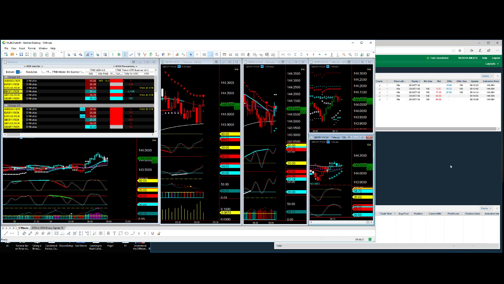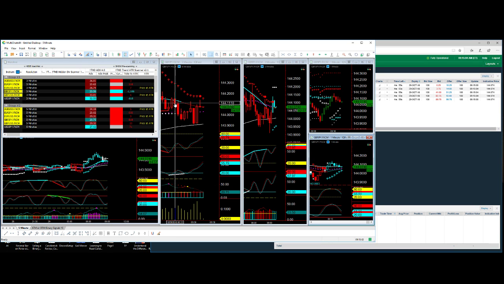That's what you call time decay too. See how that ATR is pulling up with price?